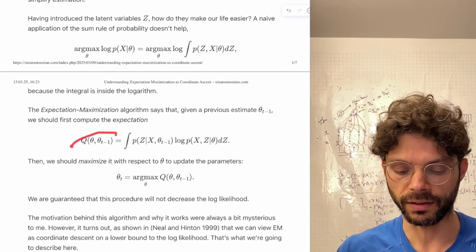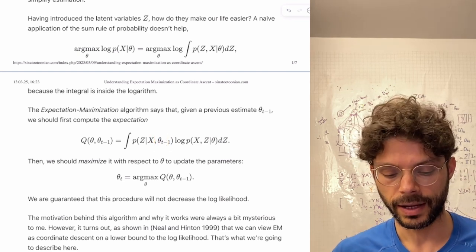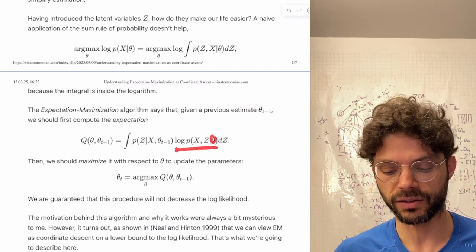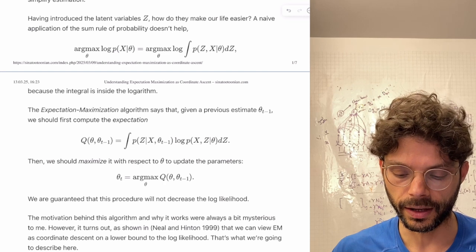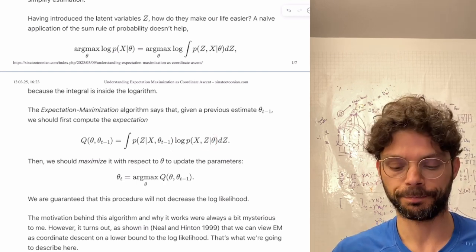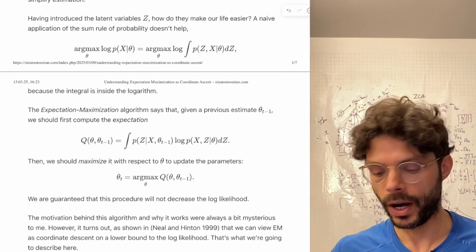Now you've got this quantity, which is a function both of your previous parameters, and also a function of theta because it's showing up here, right? So you're essentially taking the average of the joint distribution over Z. Notice we're taking the average on the outside, not on the inside. Why is that a good thing to do?